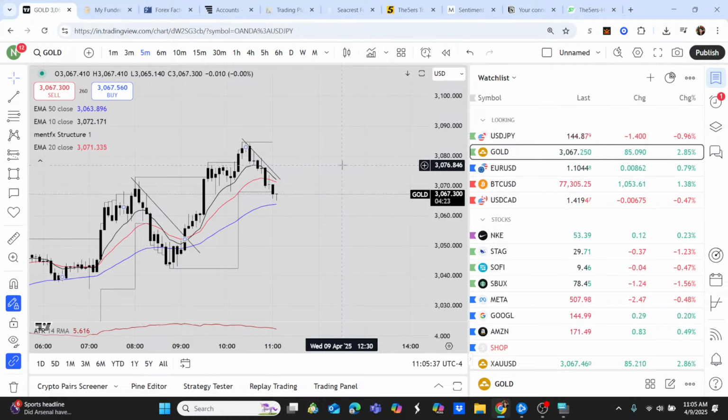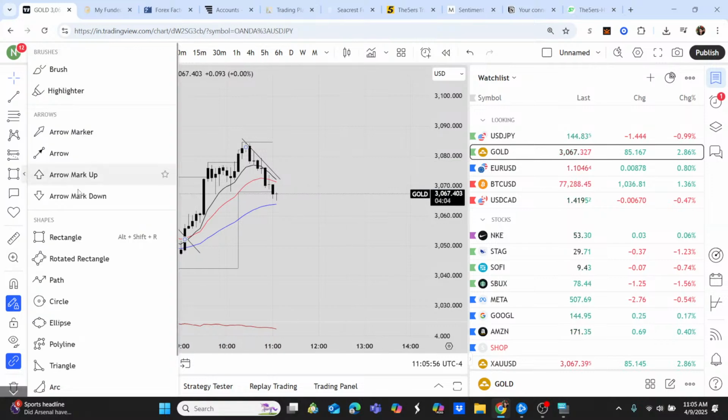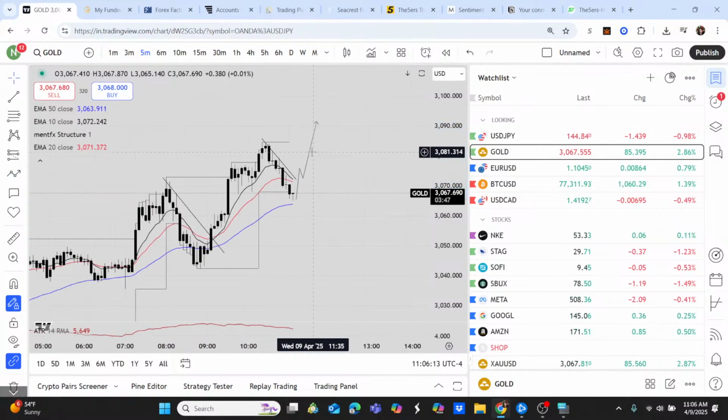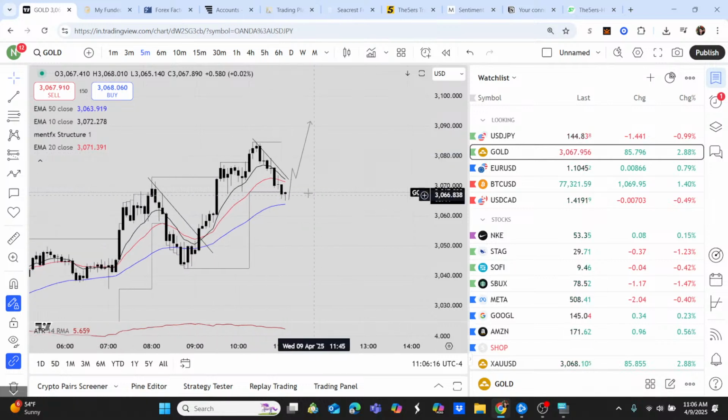So let's wait and see. Basically, what I'm waiting for is this right here, just the same thing over and over. You move up right there, quick pause on the 10 and 20, one of those, and then buy stop for a continuation. So that's what I'm looking for right here.